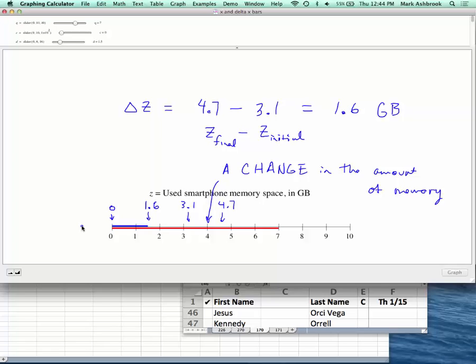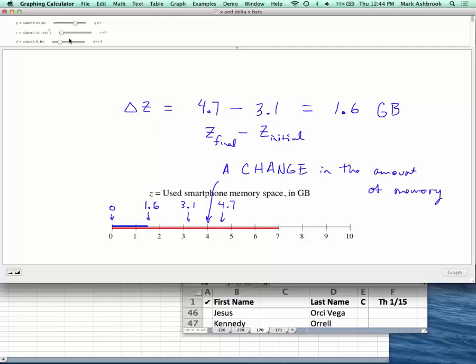Okay, well, it's kind of a toss-up, because what do we mean? The value of delta Z, the actual number, same or different? But what I'm representing now with this is a different change of 1.6. To talk about a change in 1.6 gigabytes is kind of not enough of the picture. That 1.6 gigabytes, that change could occur anywhere.